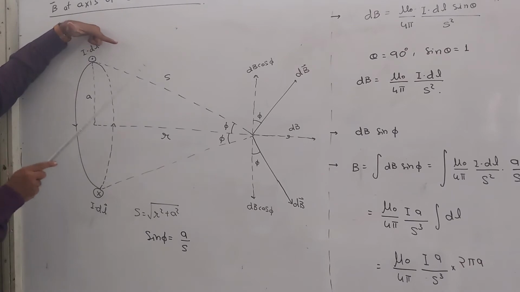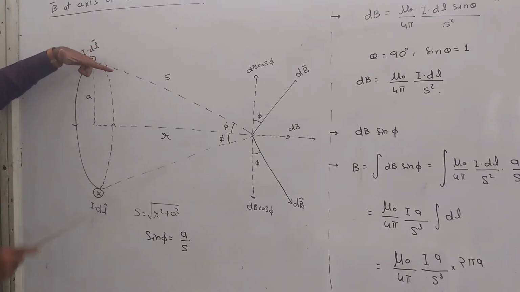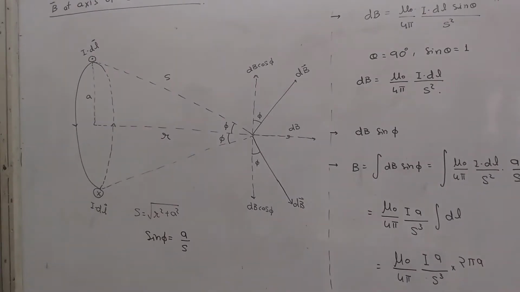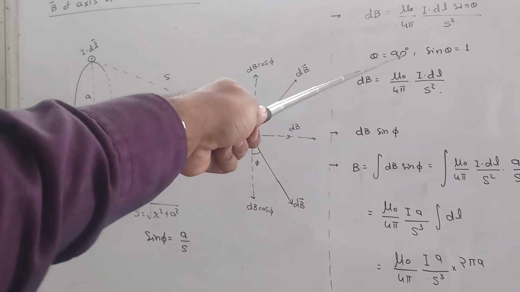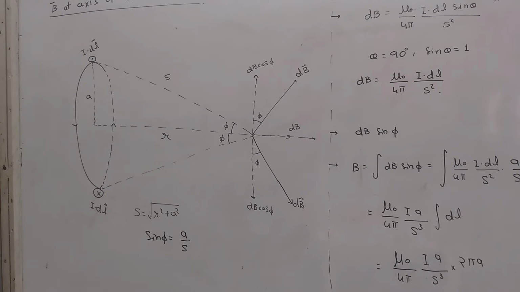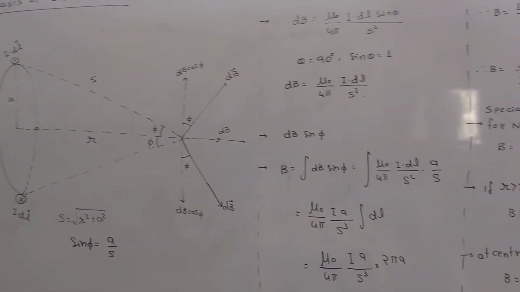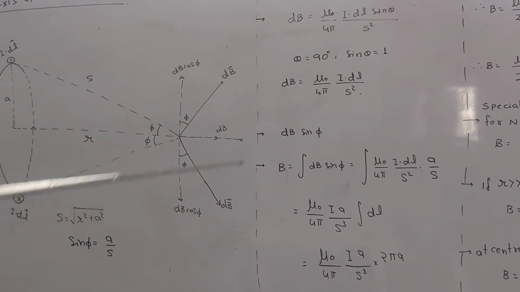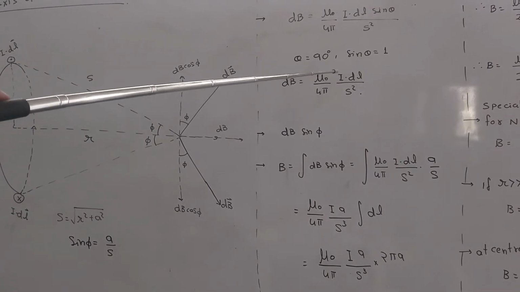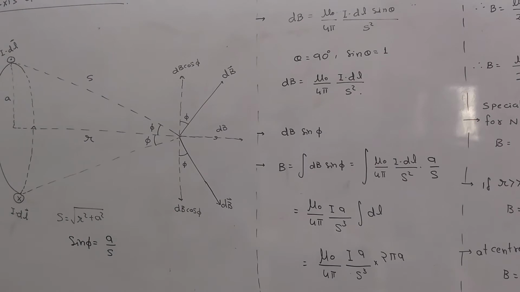This is the direction of S. What is the angle between them? It is 90 degrees. So theta is equal to 90 degrees, sin theta is equal to 1. Putting both these in the equation, dB is equal to mu 0 by 4 pi, I dl by S square.